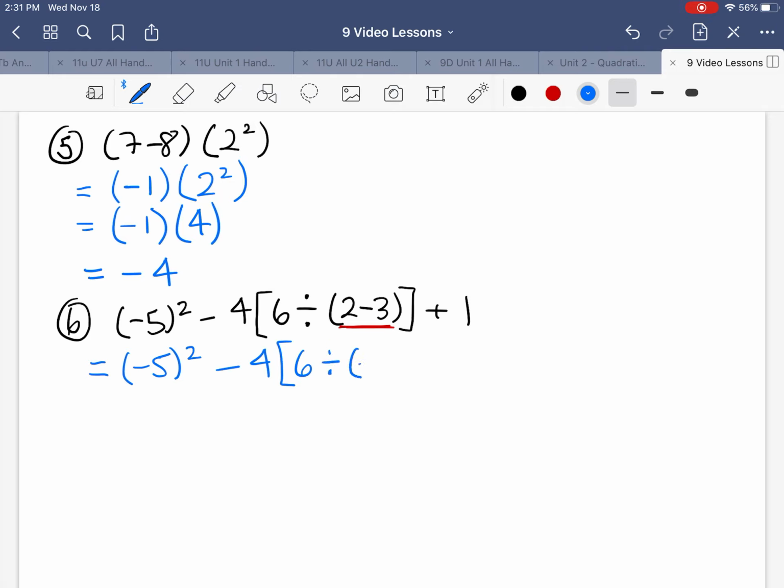So 2 minus 3 is going to give us negative 1. And now I can go and work in the square brackets. So 6 divided by negative 1 is going to give us negative 6, and that is being multiplied by that negative 4.